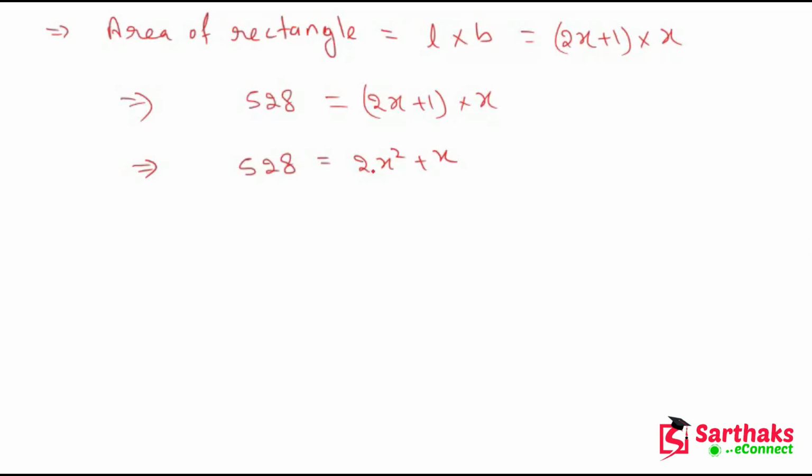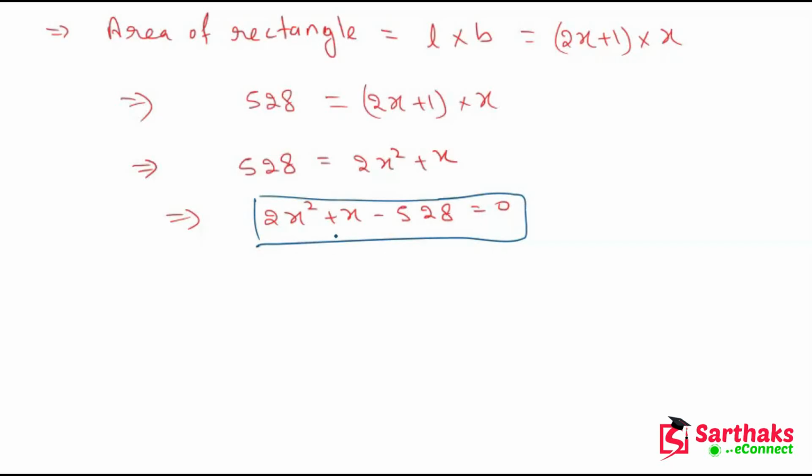So we get 2x square plus x minus 528 is equal to 0. So this is a quadratic equation. Okay, my dear friends, I hope you get this point.